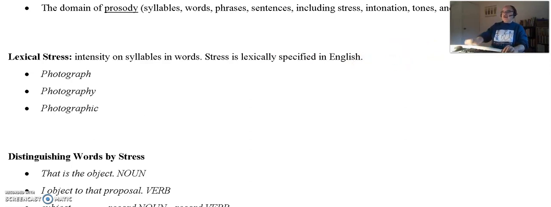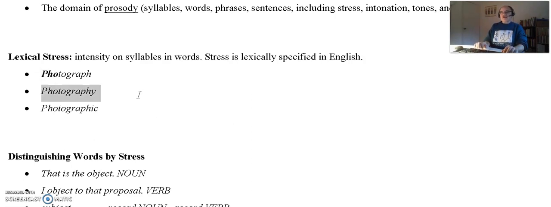Let's see here. And so let's take a look at these three words, and if you check the pronunciation yourself, try to find out where the most intense syllable is. And so is it photograph, photograph, photograph? More typically, and this is always something you have to check in certain words, photograph is more likely stressed on the first syllable.